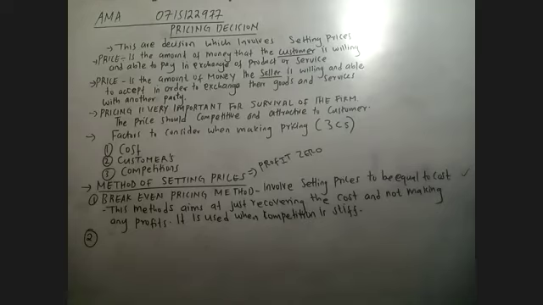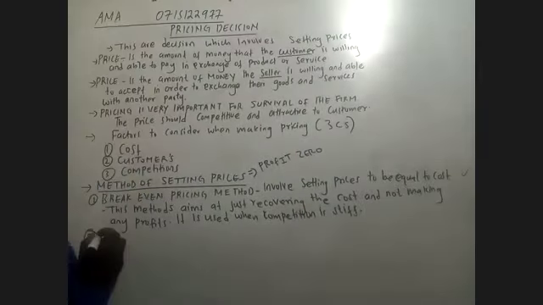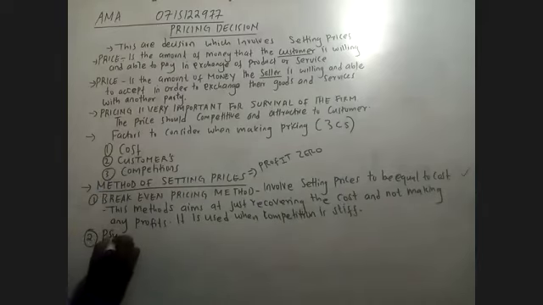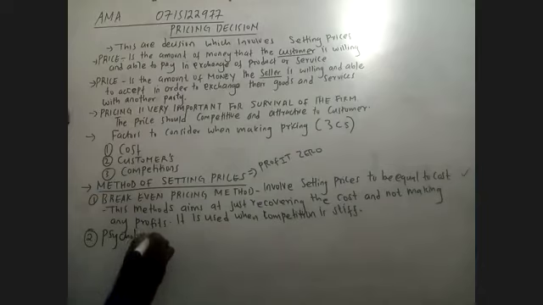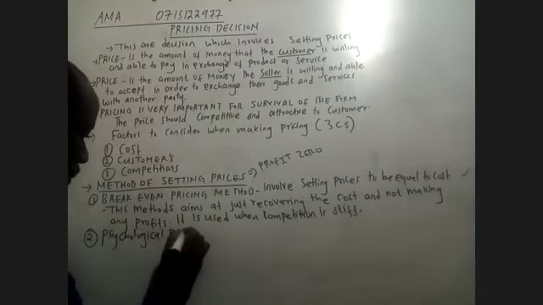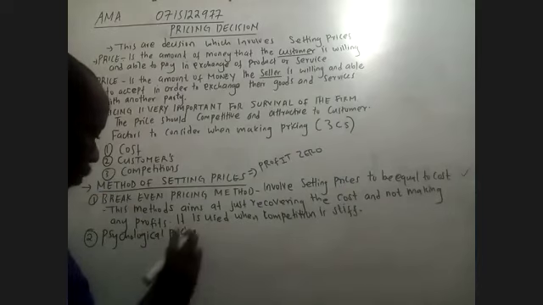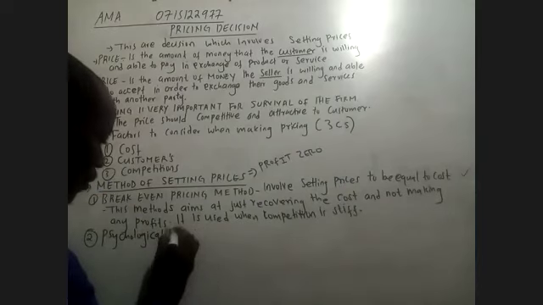The company will set different prices at different phases. So at the introduction stage, we shall have a price which is different from the growth stage, which is different from the maturity stage, and which is different from the decline stage. So that's just an example of this one.